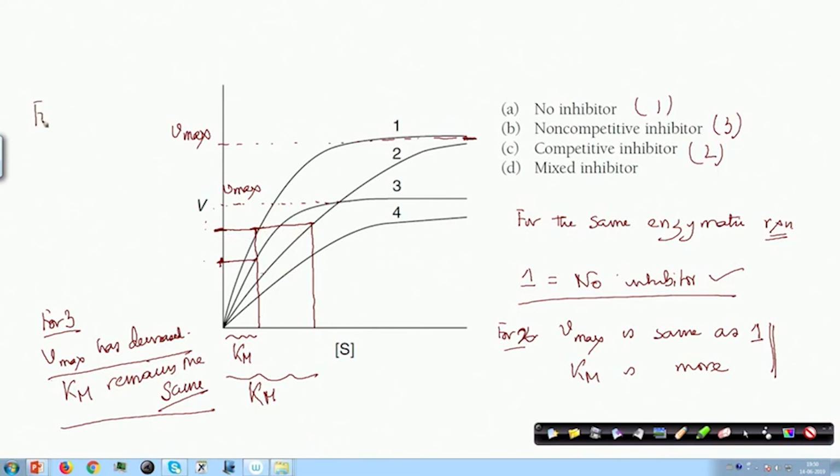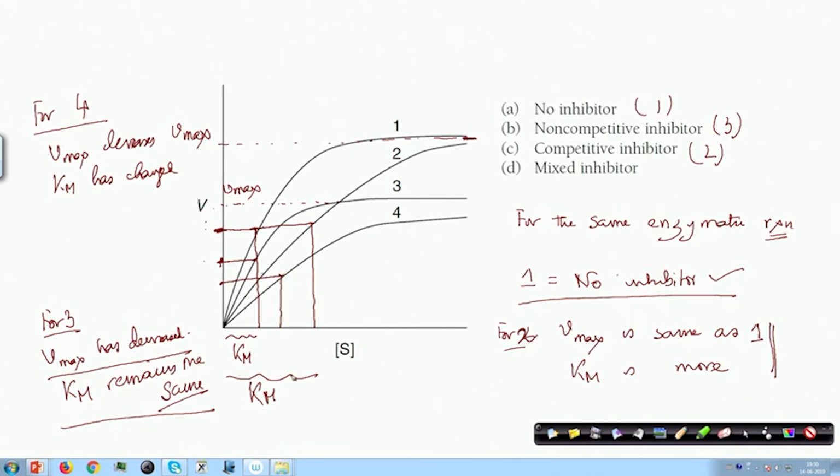So, for 4, Vmax decreases and Km also has changed. We are not seeing whether it is increased or decreased, because if you draw the Vmax here, Vmax will be somewhere here, and then half of Vmax will be somewhere here, and then you draw the line, it cuts 4 here, and then you draw the line.